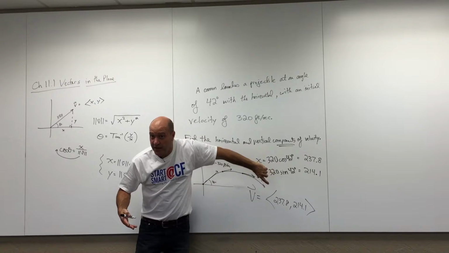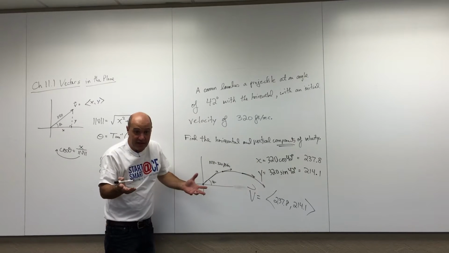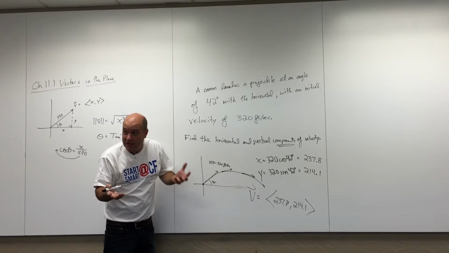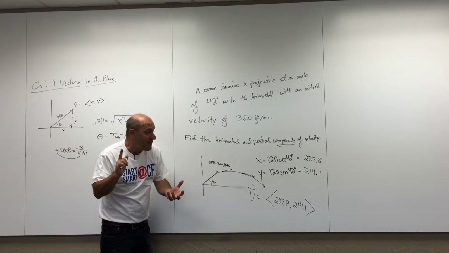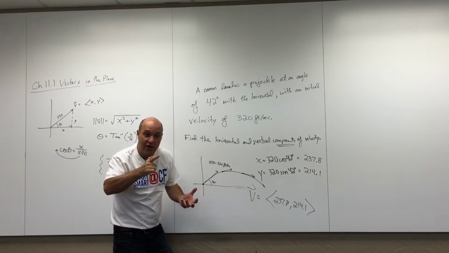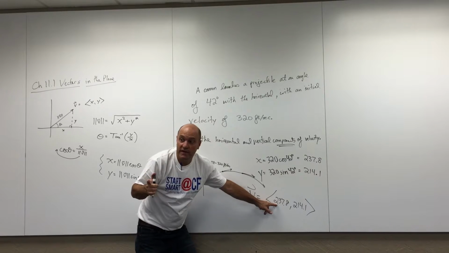It looks a little different. But you know what is changing? Gravity is affecting it. Gravity is slowing it down, pulling it down. But gravity is not affecting the x component.